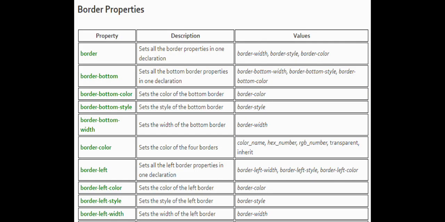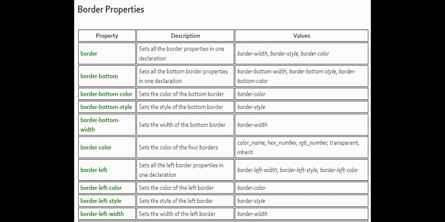So next is the border property. What all borders can be set on our web page by using CSS? Border sets all the border properties in one declaration. We have the values like border width, border style and border color. Then border bottom sets all the bottom border properties in one declaration, so we can have values like border bottom width, border bottom style, border bottom color.